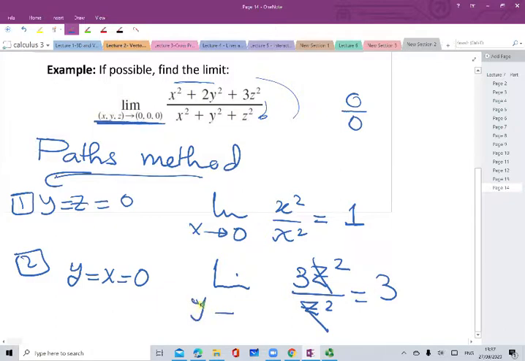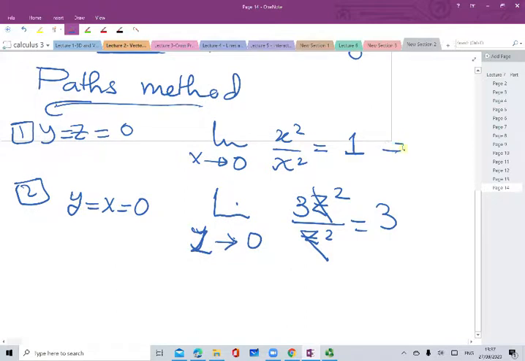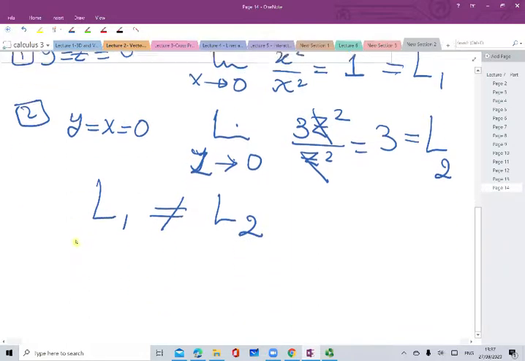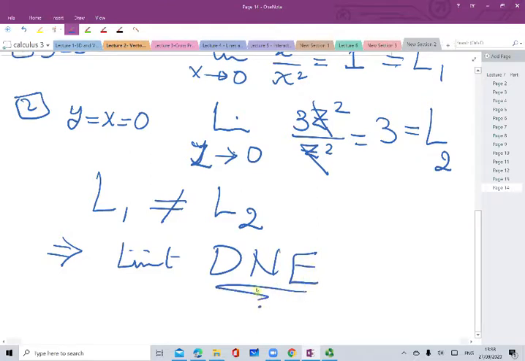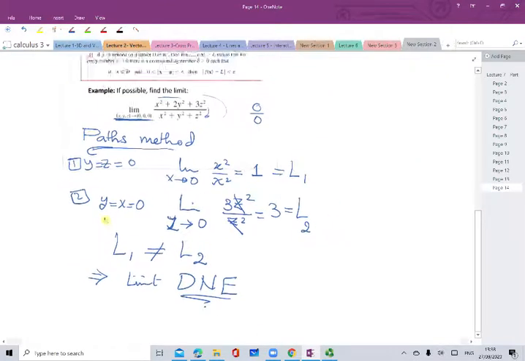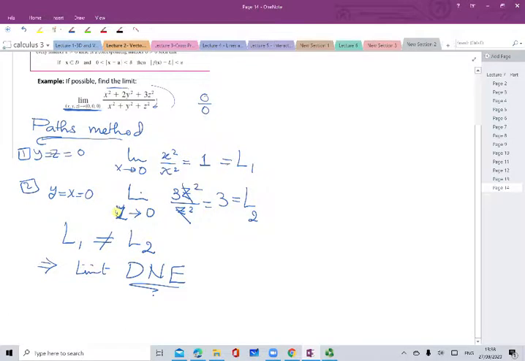So it's obvious from here that I have a limit which is equal to 1 and another limit which is equal to 3. I took different paths and I obtained different values, so I have a conclusion. I could claim that the limit does not exist. The limit at the point 0, 0, 0 does not exist. Thank you.